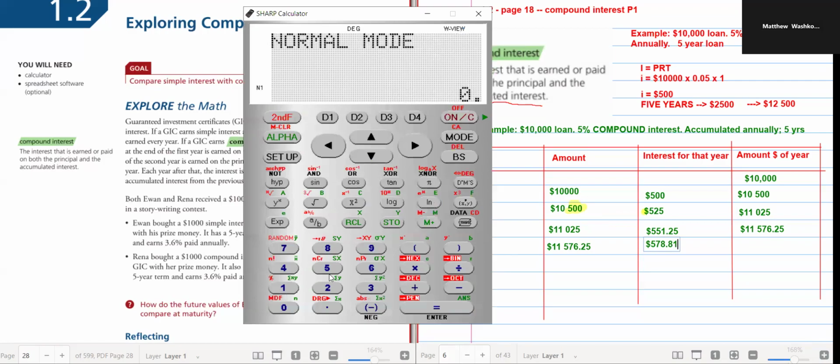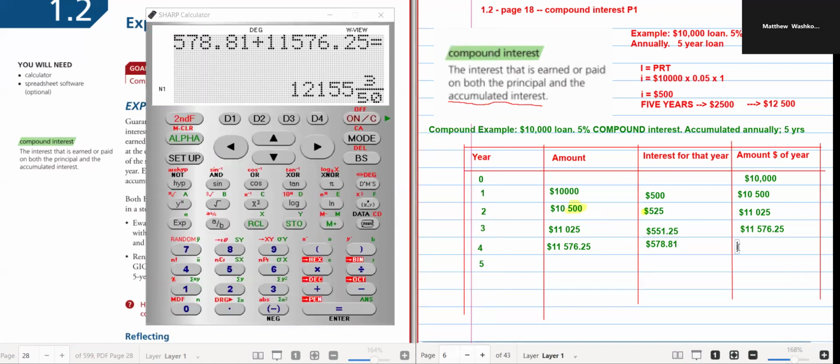Right? So now I add that in here, 578.81 plus 11,576.25, which is 12,155.06. And one final calculation here.